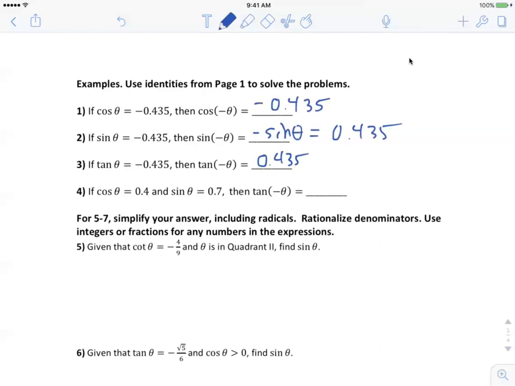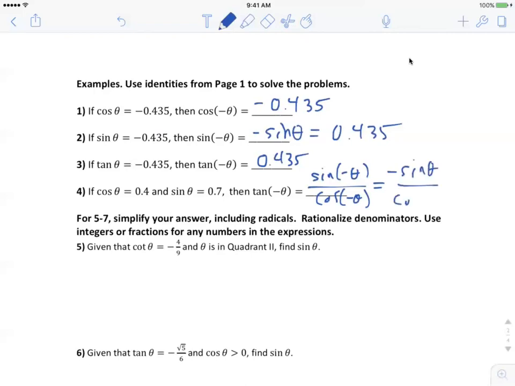So finally, how about the last one? You know that cosine is 0.4, sine is 0.7. How about the tangent of negative theta? Well, tangent of negative theta would be sine over cosine, but it would be sine of negative theta over cosine of negative theta, right? Which the negative for the sine just pops out front.